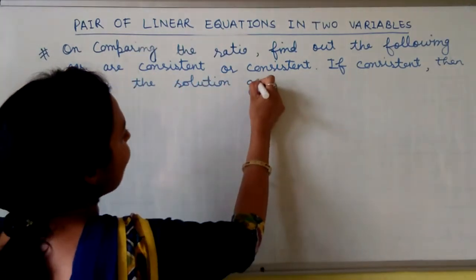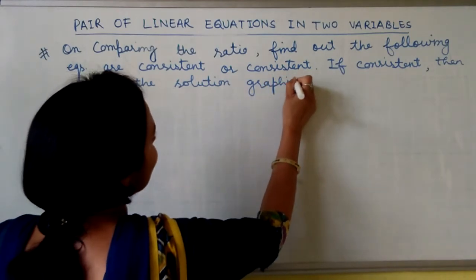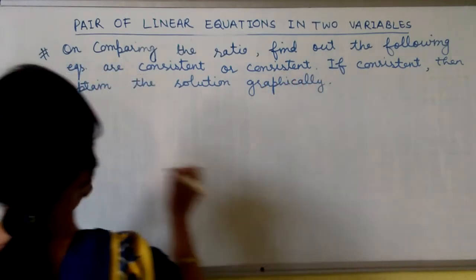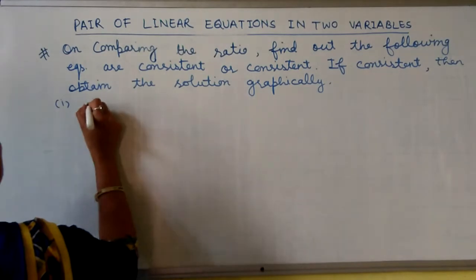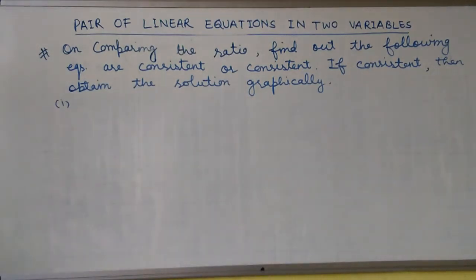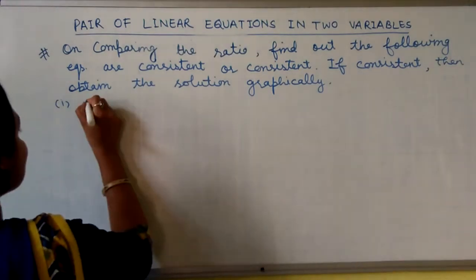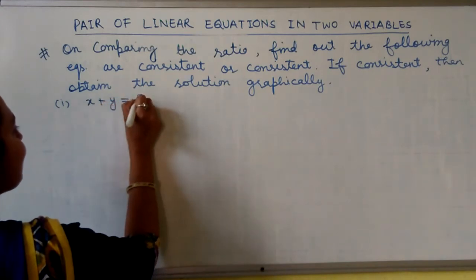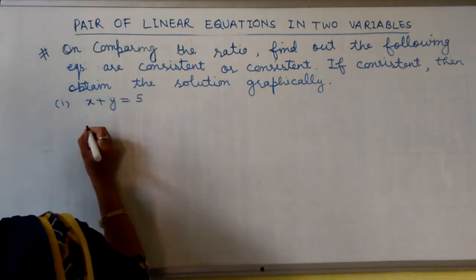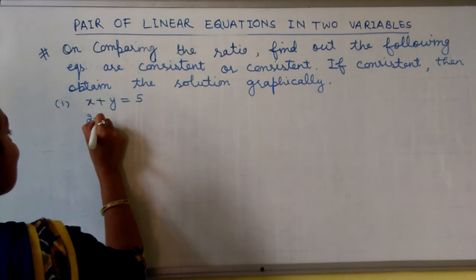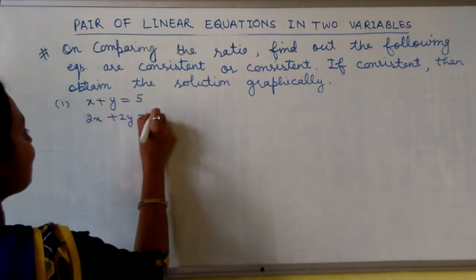So how can we find the graph if the equations are consistent? We have two questions. First: x plus y is equal to 5 and the second equation is 2x plus 2y is equal to 10.